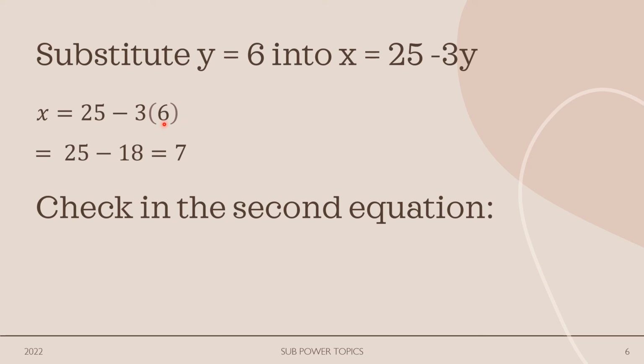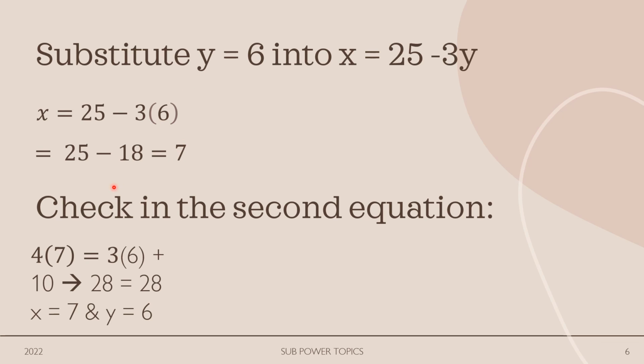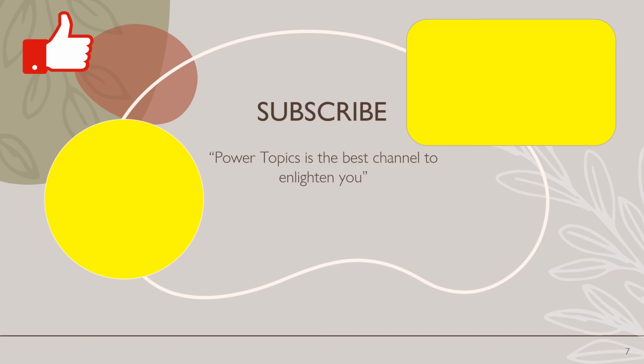And we have to check this in the second equation. 4 multiplied by 7, remember 7 is x, is equal to 3 multiplied by 6, which is y, plus 10, and we should get the same answer, and we did. So thus our answers are correct. x is equal to 7 and y is equal to 6.